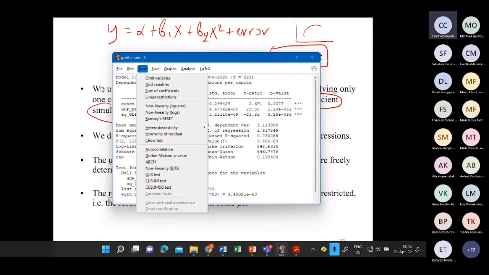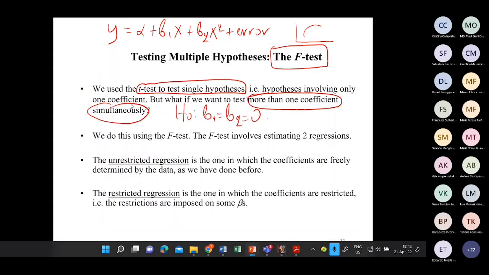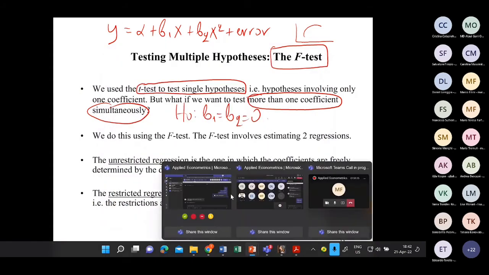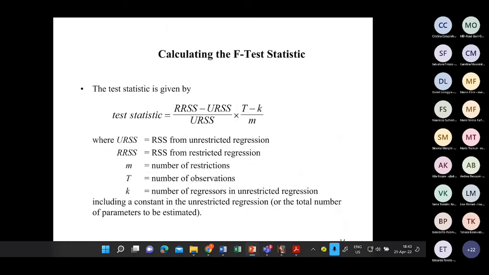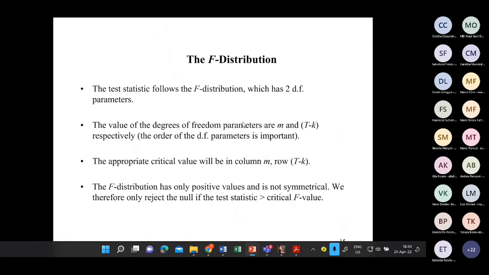Okay, thank you. The F test is based on a restricted and an unrestricted model. I'm going to skip that because you know this stage. The F distribution also depends on the degrees of freedom.